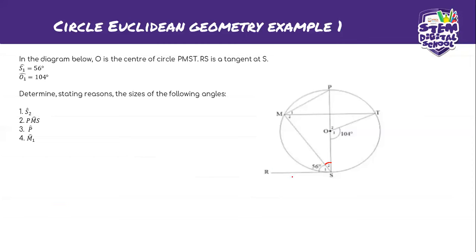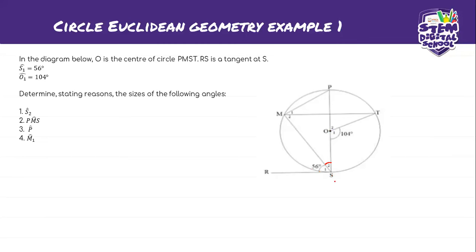Every time we are answering a circle geometry question, from the scenario, you have to pick or understand the theorem that we are having in this question, right? For instance, before answering question number one, which is angle S2, you can see that we are having more than one theorem here.